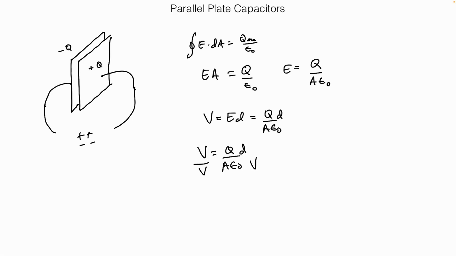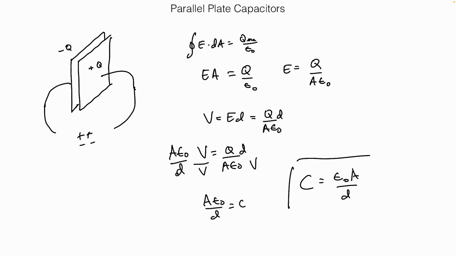It's capacitance, isn't it? And so if I multiply A epsilon naught and divide by D on both sides, then I end up with A epsilon naught over D is equal to my capacitance, right? Or in other words, the way your book writes it, epsilon naught A over D.